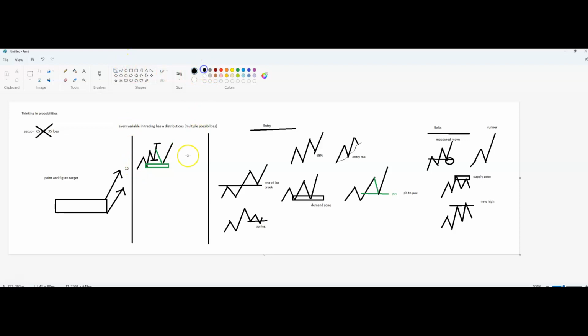So thinking in probabilities is planning in advance in your execution procedure for different possibilities. Meaning your execution procedure says, you know what? I'm going to get in here, but I understand that it may not work out.